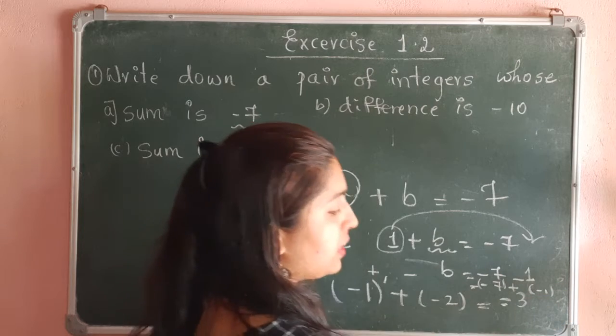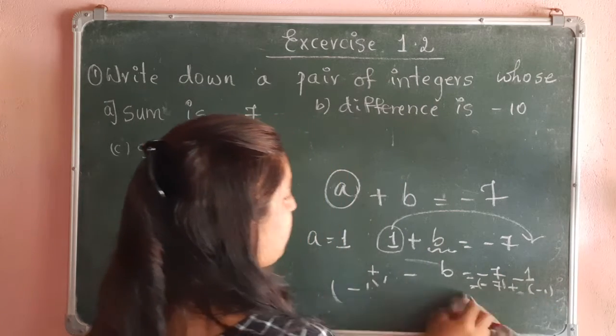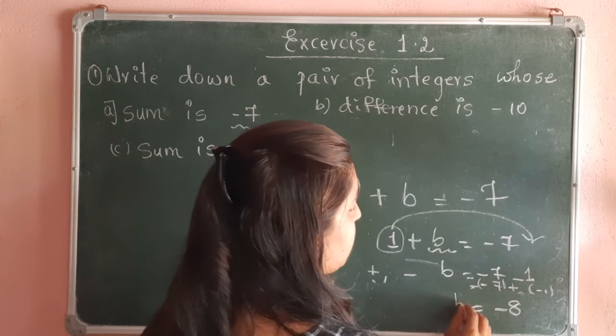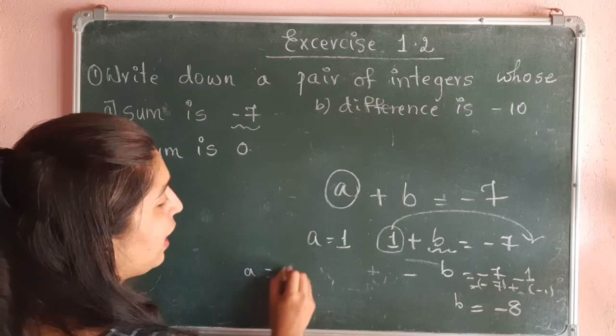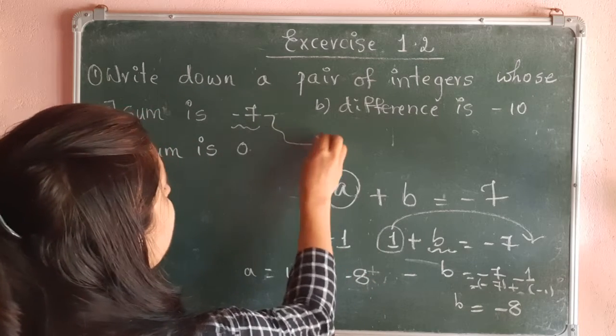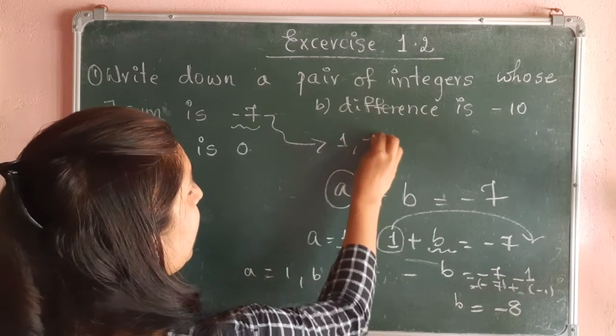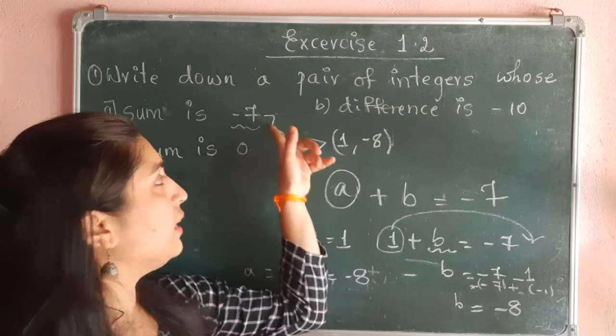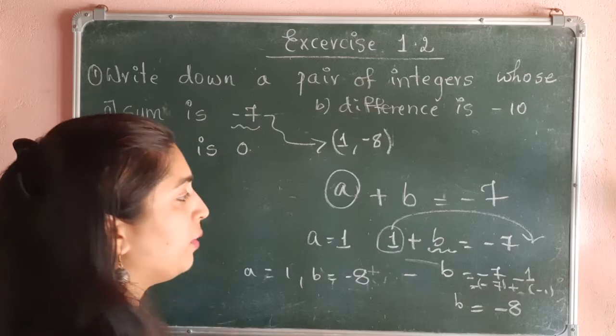So it is having the same signs. So now we can find out the answer. That is minus 8. So a is equal to 1, b is equal to minus 8. So we can say one pair of integers is 1 and minus 8. If you add these two, I will get this sum as minus 7.